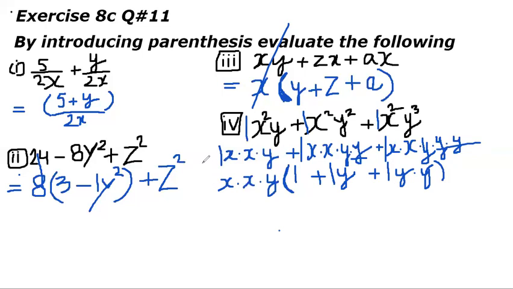Now in the next step, x multiplied by x means x square, and y, here inside the parentheses 1 plus 1y or simply y, plus 1y multiplied by y gives us y square.